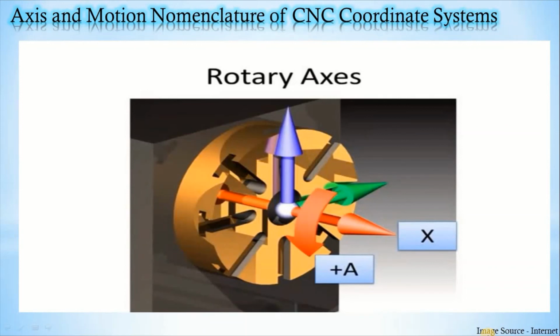So here we have seen the actual axis and motion nomenclature of the coordinate system, how machine coordinate systems are given, then the part coordinate system and the machine coordinate system. In today's lecture we have seen what a part program is and why it is used. Whenever we do machining from a drawing to the final workpiece, we have to decide which operations to perform.